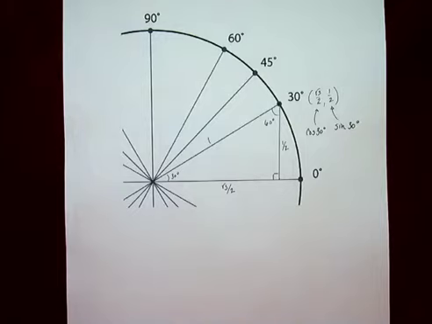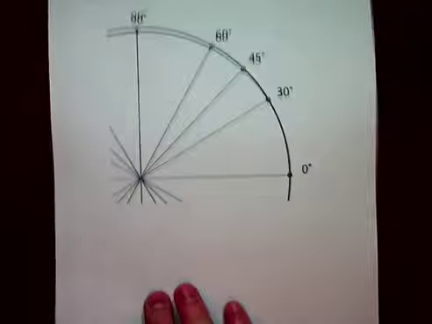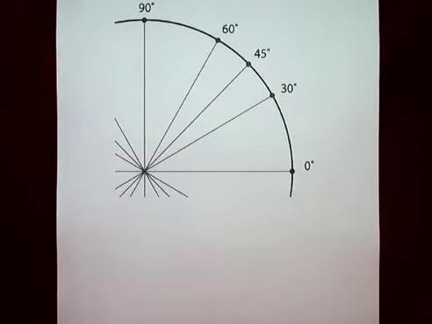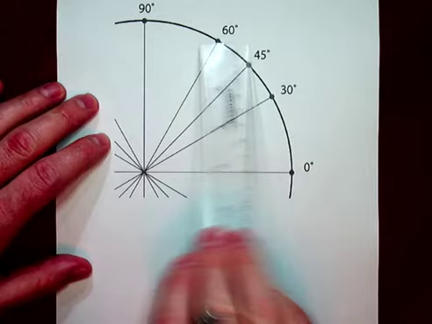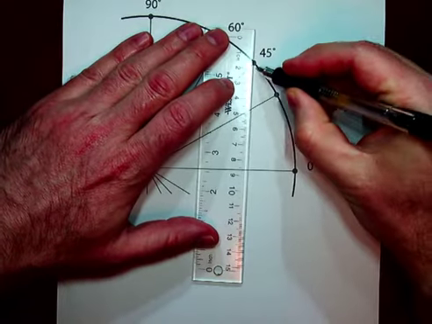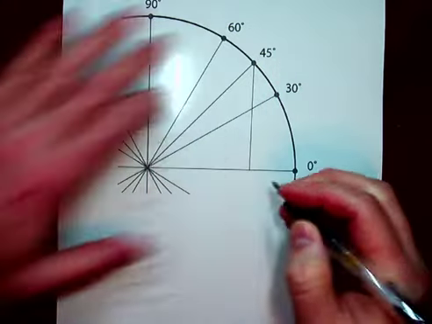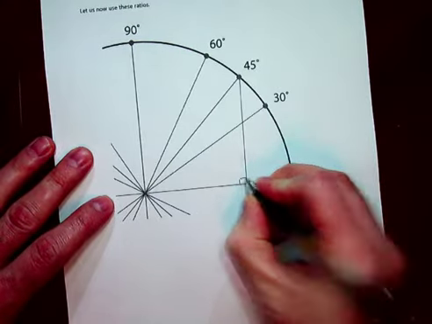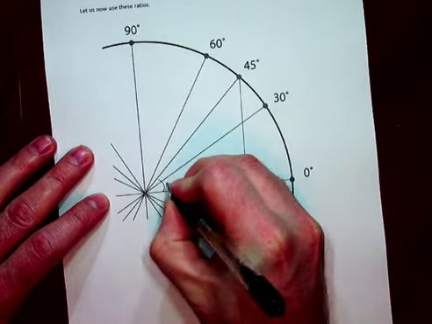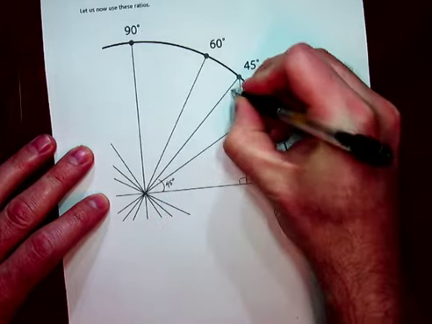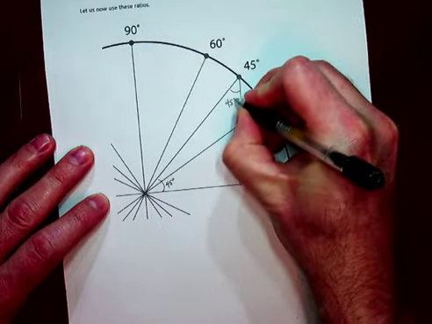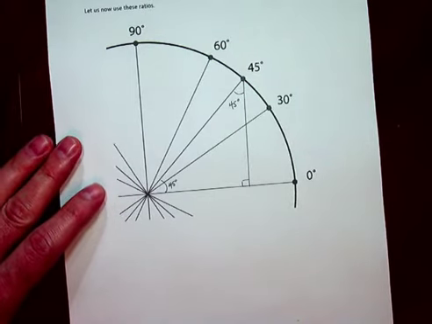Okay, well, let's go ahead and let's move on to the next one. And we notice that something similar happens when we drop down this perpendicular to the x-axis. In doing so, we have created a 45, 45, 90 right triangle.